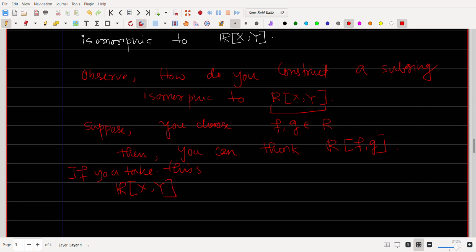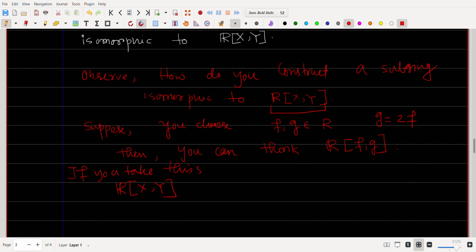But if you take any two arbitrary elements f and g from R, where f and g both are real valued functions on N cross N, then there might be a relation between them, right? In particular, say if you take g to be twice f, then definitely this will not be isomorphic to this, because then g and f have an algebraic relation.